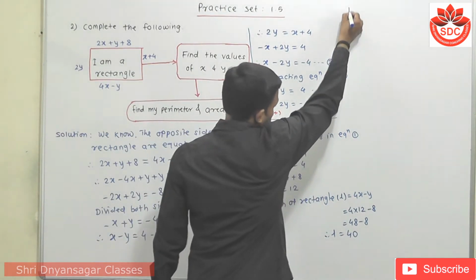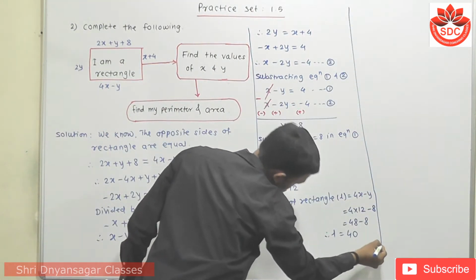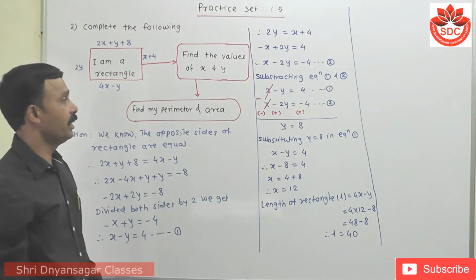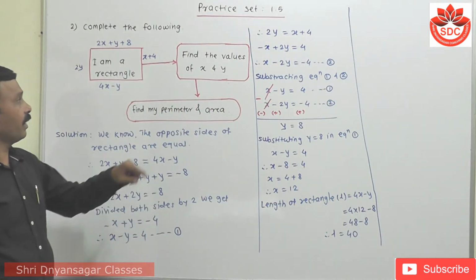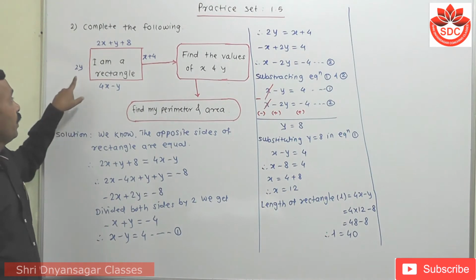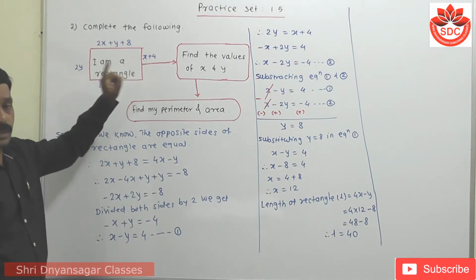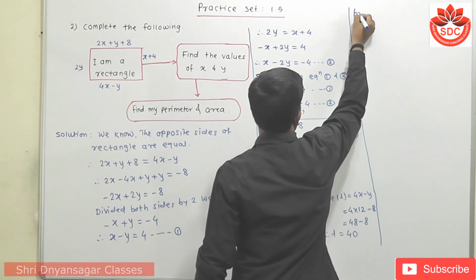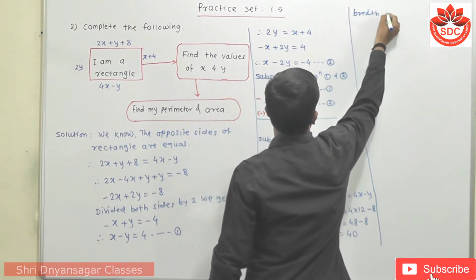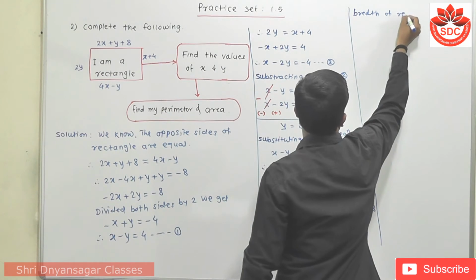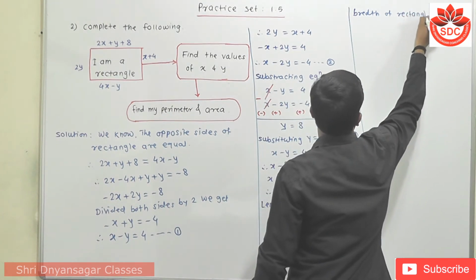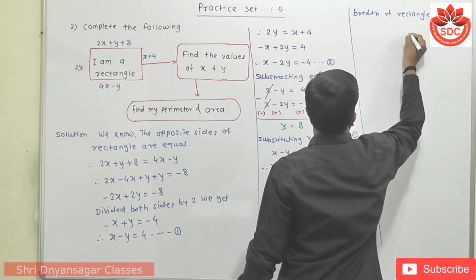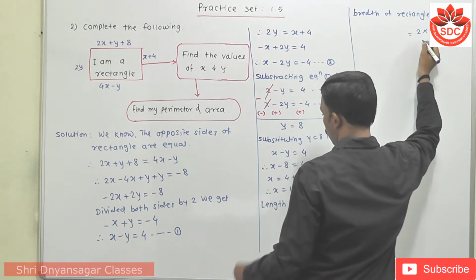Then we have to find out the value of another variable. Having found the length, we can find out the value of its breadth. Now for breadth, you take 2y or x plus 4 also. Therefore the breadth of the rectangle is equal to 2y, which is 2 into y, how much? 8.